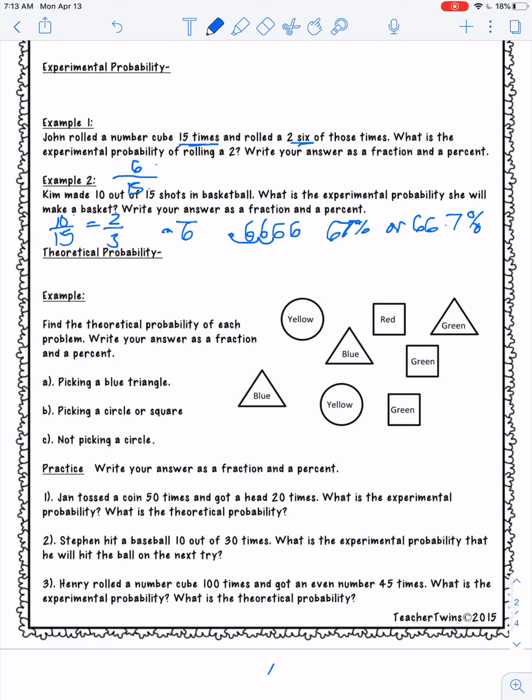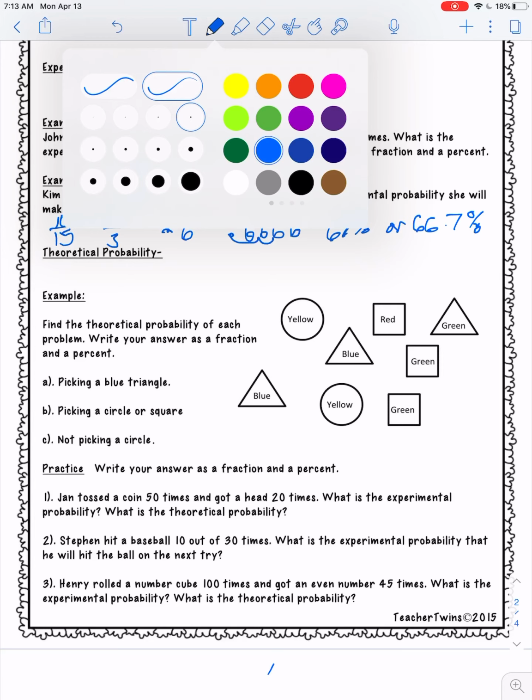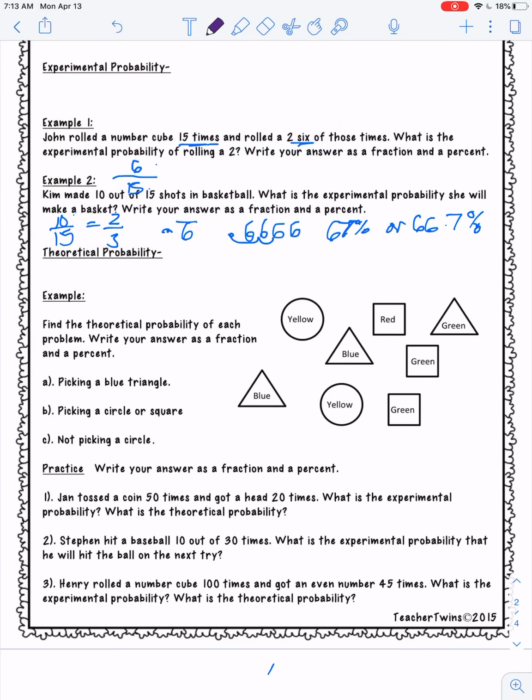Then we have our theoretical probability, where we are just looking at our experiment and not actually running it. So find the theoretical probability, write your answer as a fraction and a percent. So what is the theoretical probability of picking a blue triangle?